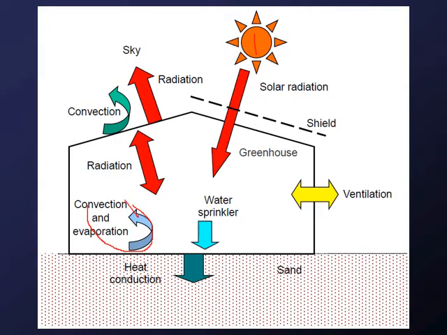So the other options are convection, so that's where air touches a warm surface, warms, and then rises away, taking heat with it, and that cools the surface as well. We see that in terms of just air moving over plants and over structures like the concrete. And then there is external heat loss as well, and that is where cool air touches a warm greenhouse and removes heat. The most obvious of that would be in the winter when a cold wind blows across a greenhouse.